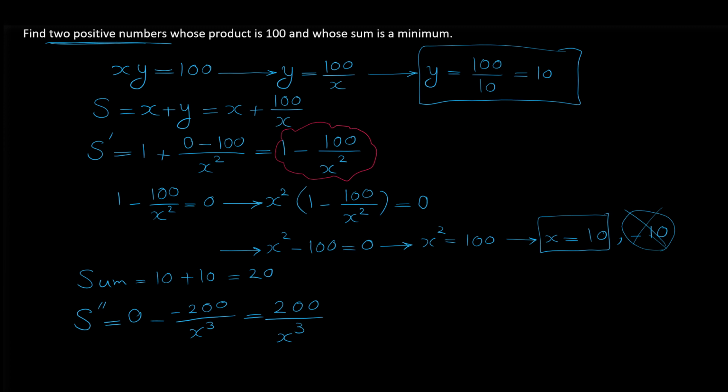Now if we plug in our critical number, 10, s double prime of 10 would be 200 over 10 to the power of 3. Because s double prime is positive, from the second derivative test, that point shows the minimum of the function. So in this way, we proved that this critical point is the minimum point for the function.